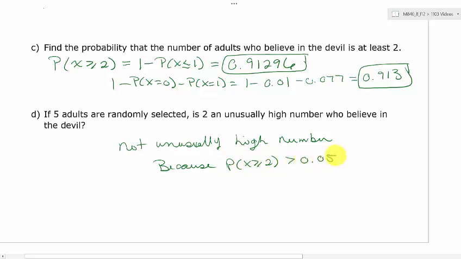Remember what we were comparing that to is 0.05, and so if your probability is less than 0.05, then you would say that your number was unusual. If it's greater than 0.05, then we would say that it is usual.